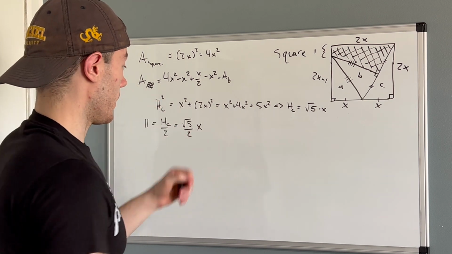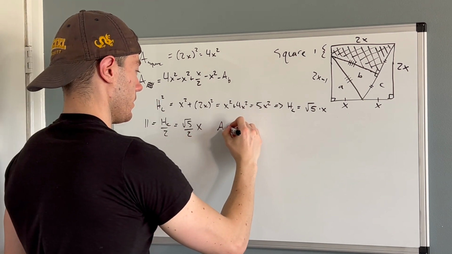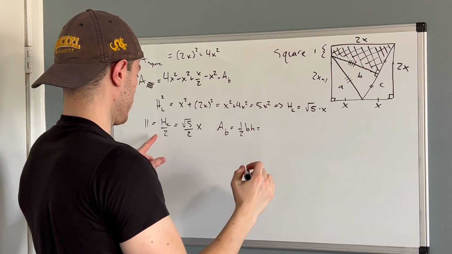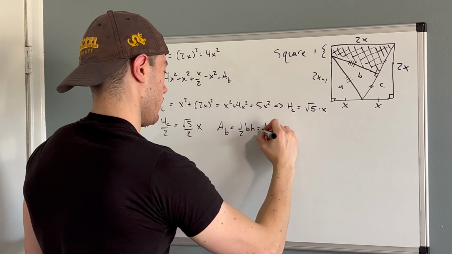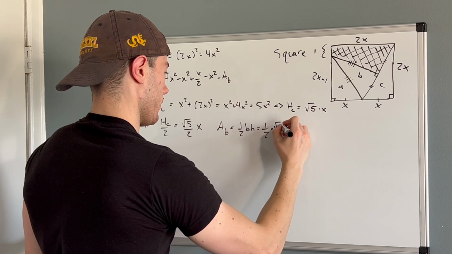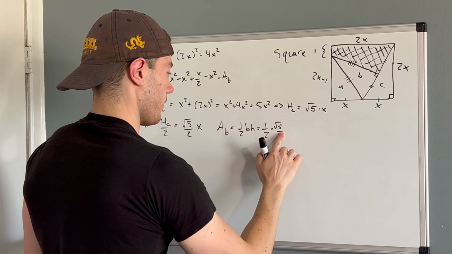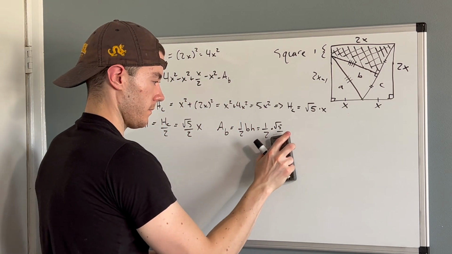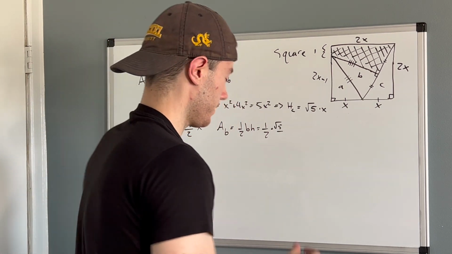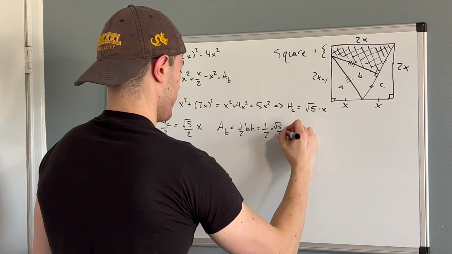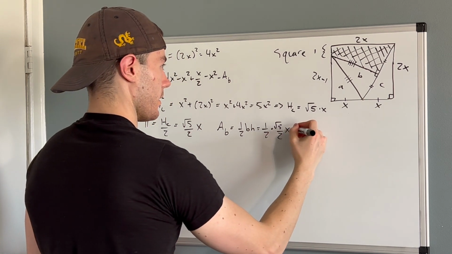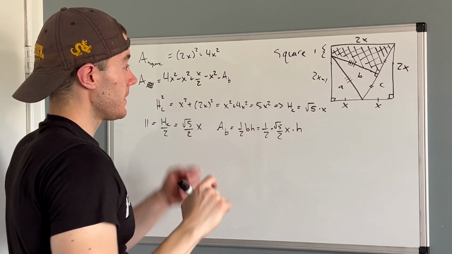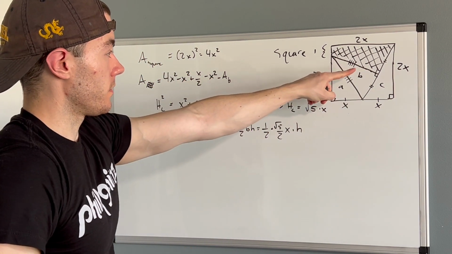Okay, so now area of B equals 1/2 base times height equals, we have the base, 1/2 times root 5 over 2 times x times the height. What's the height? The height is this 4, that 4 right there.